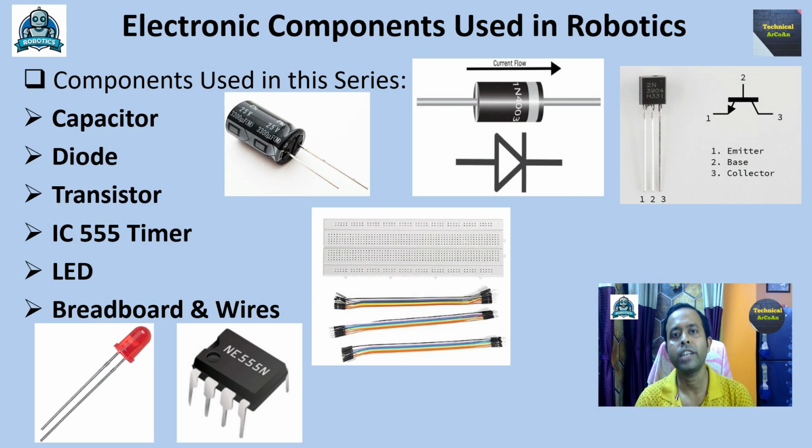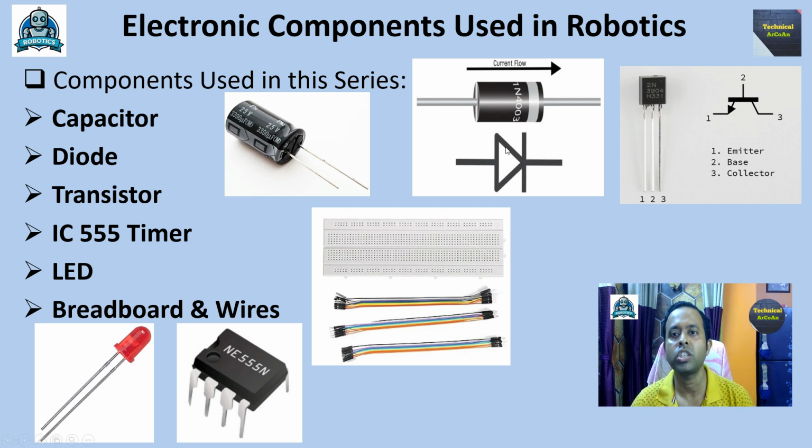Now we talk about the electronic components used in robotics, right? Components used in this series are capacitor, diode, transistor, IC, 555 timer, LED, breadboard and wires. This is the image of the capacitor. It actually stores the electric charges temporarily and discharges them very quickly.